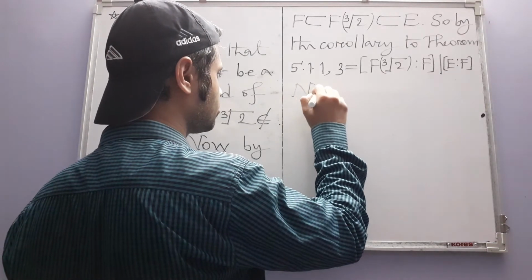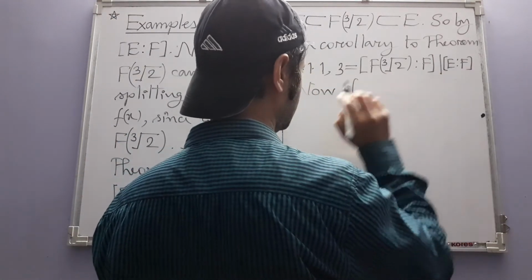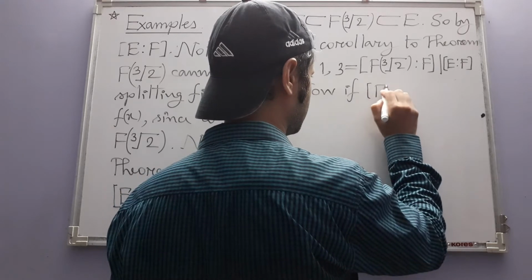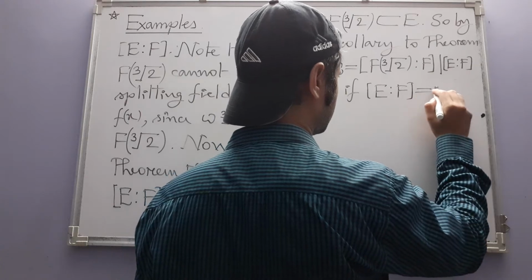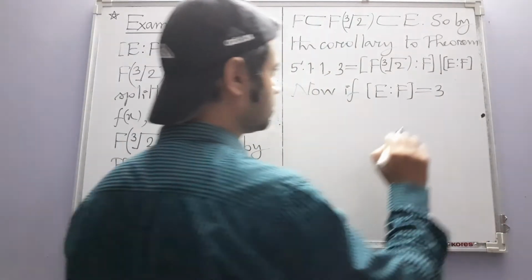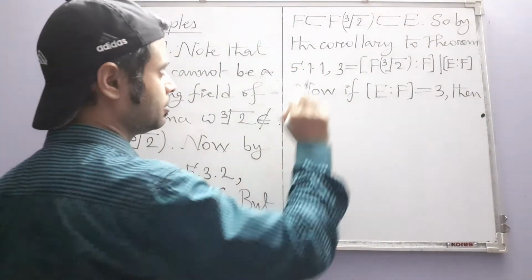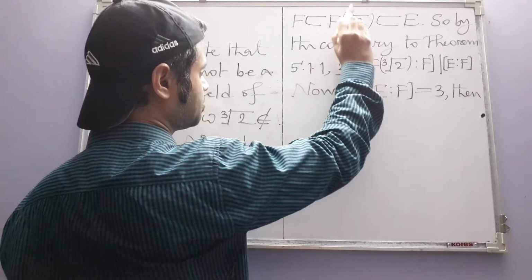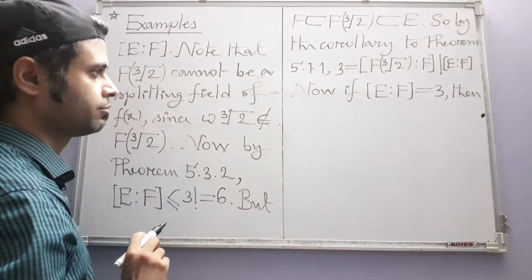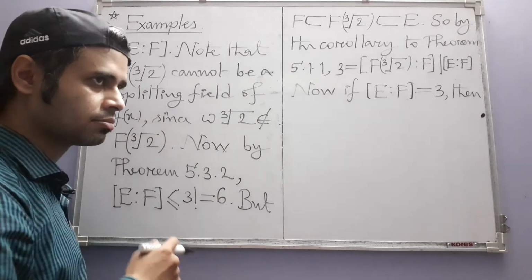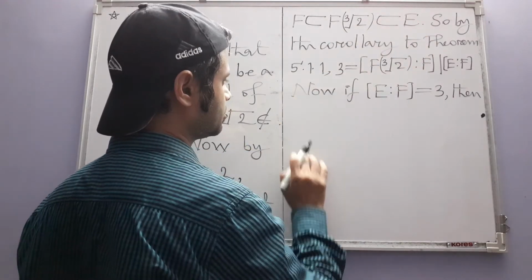Now, if we consider it to be equal to 3, then the dimension of this subspace over F is the same as the dimension of the original space over F, which from the theory of vector spaces tells us that this will be equal to this.